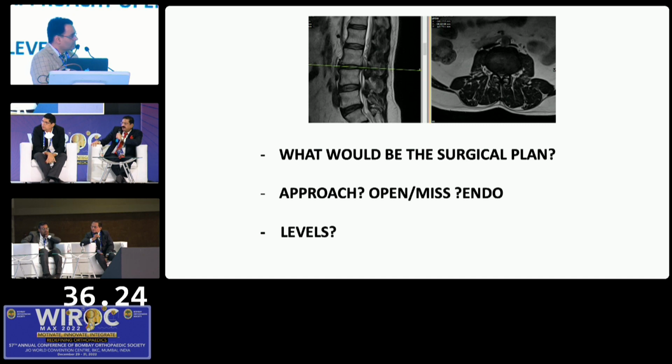If you look at it on table, you'll find that the facets are hypertrophic in all these patients, and we don't want to take out a whole facet, which can make it unstable. So the part of the facet which is encroaching into the canal, only that part you should remove so that the nerves become decompressed.